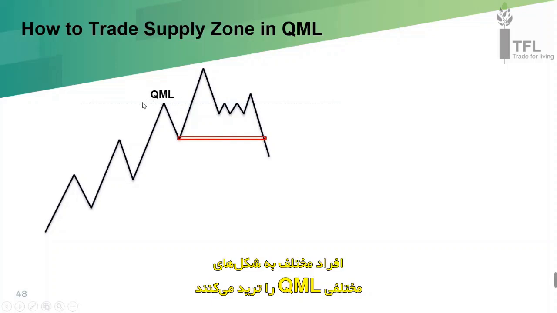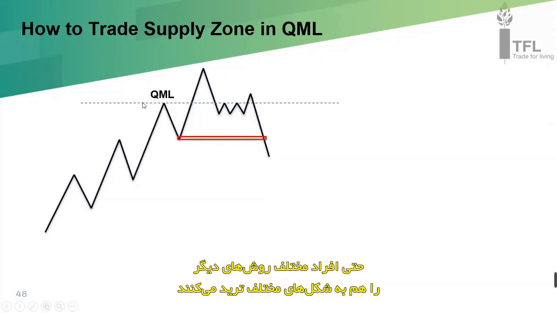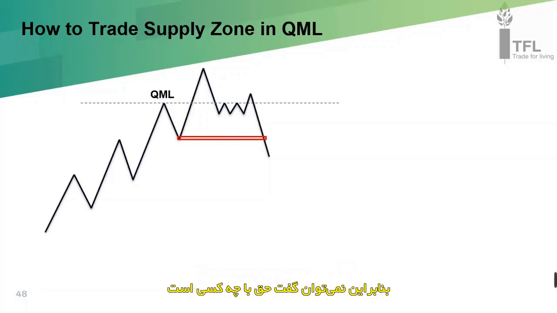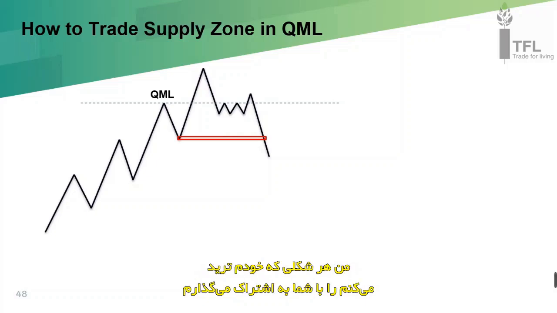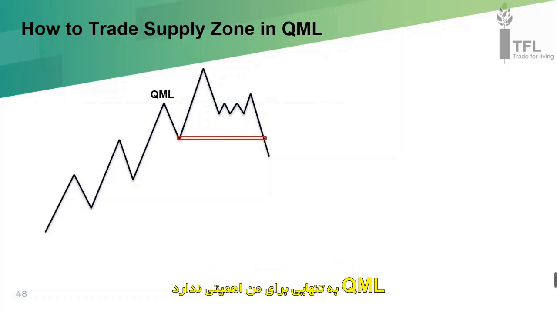Of course, different people will trade QML differently. Similarly, if I give you a MA, a moving average, everyone will trade it differently. So I cannot say who is right, who is wrong. It's just that what I'm trading, I'm going to share it with you guys. QML to me is not the most important thing, but just a signal that the price is likely to reverse.